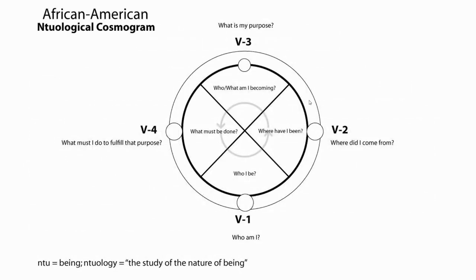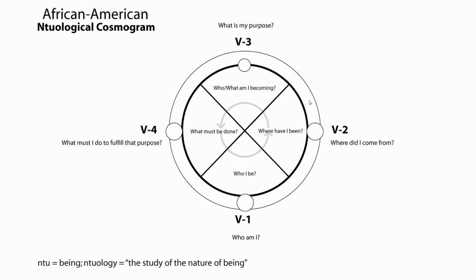So, I've spoken on this before, and I wanted to interject this here, especially for us in the diaspora. What I argue, especially when we're developing our own African American initiation system, is that initiation from the forefront should help you to answer these four questions, for which I've created this cosmogram to help us understand that concept.